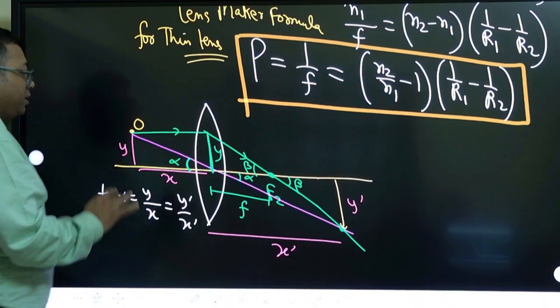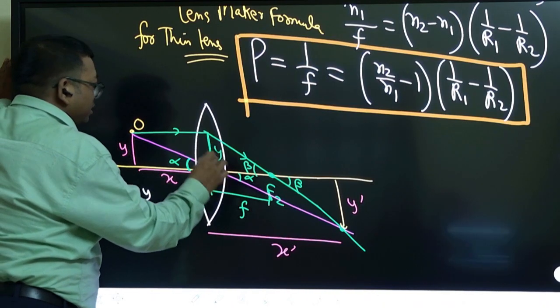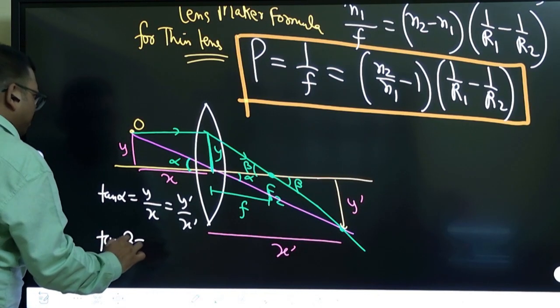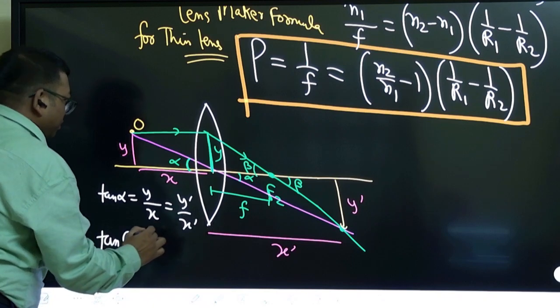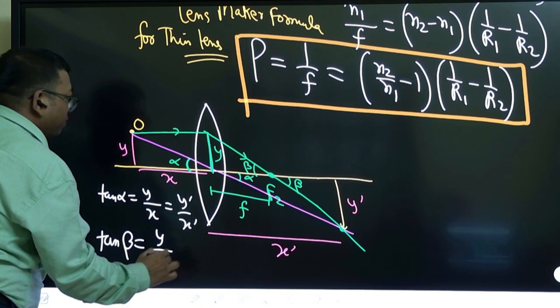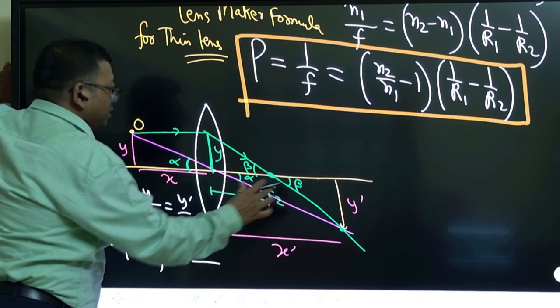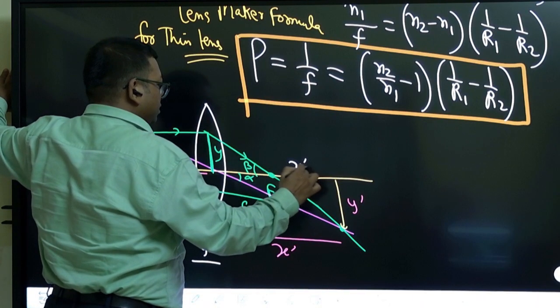Okay, right? Another thing is that let me take beta. Tan beta in this triangle becomes y by f, and in this triangle it becomes y dash by this distance. This distance is x dash minus f.